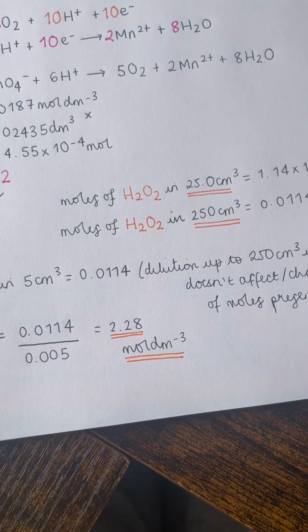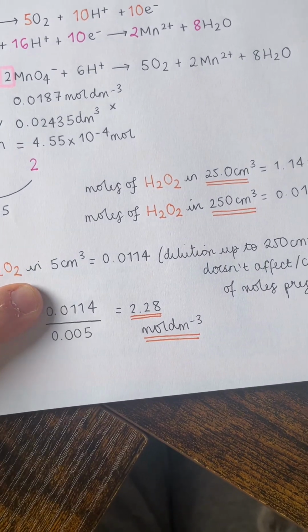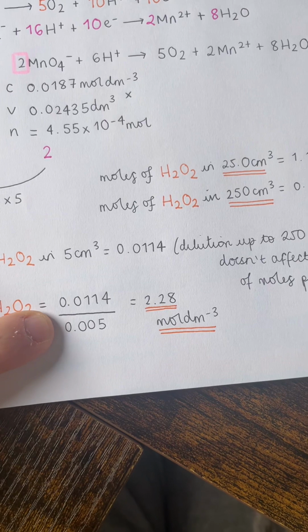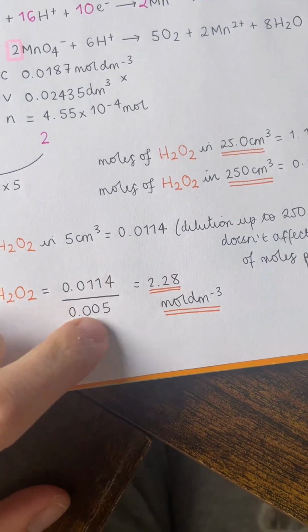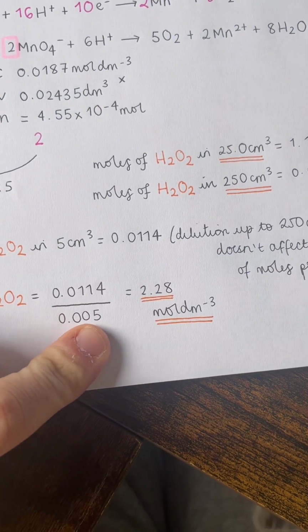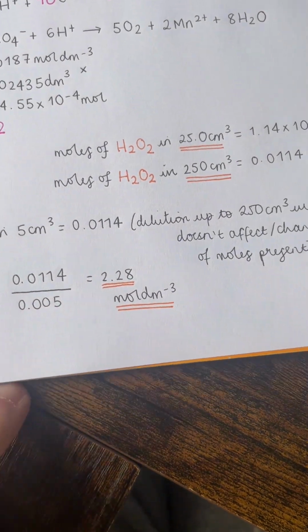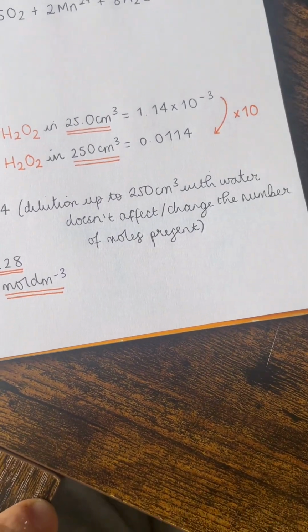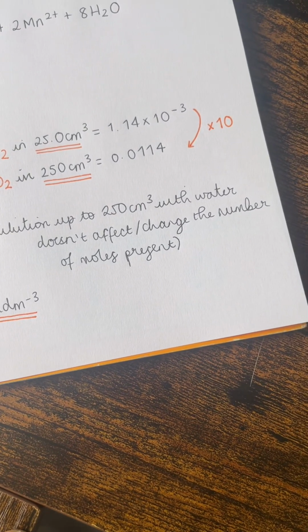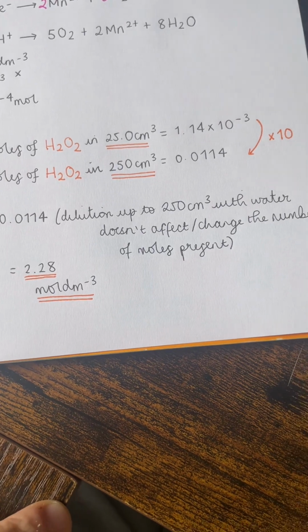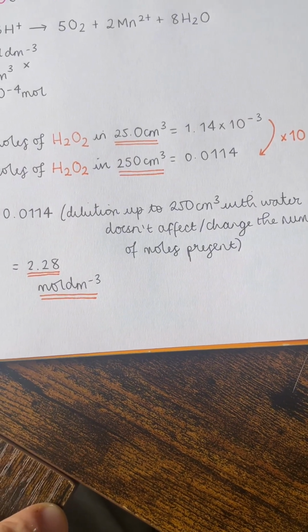So by diluting it, we're keeping the same number of moles, but if that's then in 250 centimetres cubed, we can see that obviously the concentration is going to decrease a lot because the number on the bottom of the fraction would be much bigger. And that's getting your head around dilution and how the number of moles isn't affected when we add water to make up the original 5 up to 250 centimetres cubed.